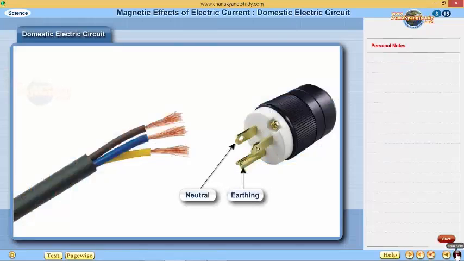Electric wires or cables for supply of electricity have three wires, viz. phase wire, neutral wire and earth wire.